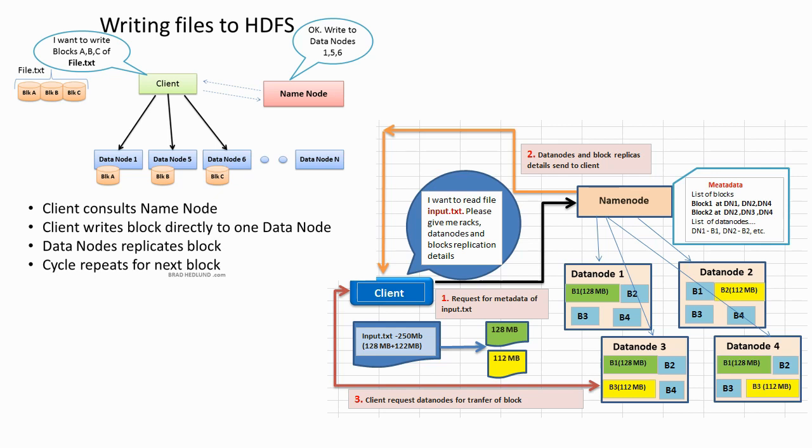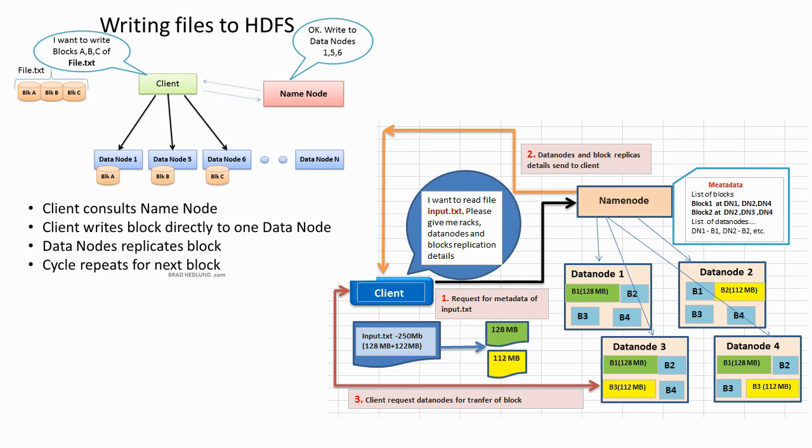So the first thing that happens, you can see here, everything is sequenced. The client requests the metadata of the input text, and the input text has, let's say, 250 MB and the block size is 128. Then it is broken into one block of size 128 MB and another of 112 MB.